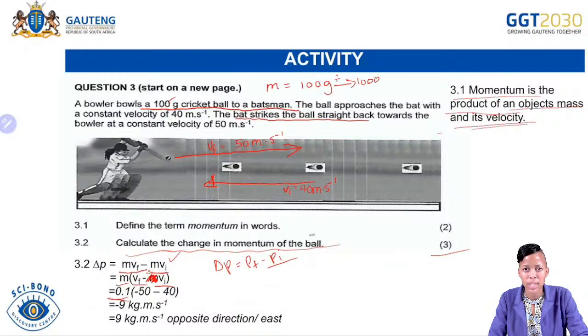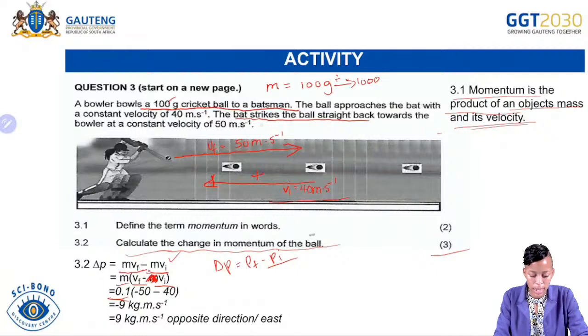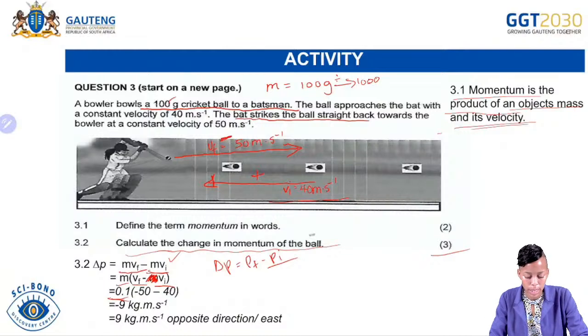Then we need to decide on the direction. We have taken the initial direction of motion as positive. So for the 40 meters per second, the direction is positive, and therefore the final velocity, to the right, is negative.